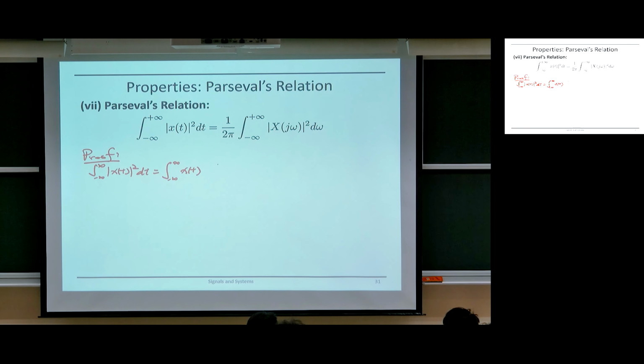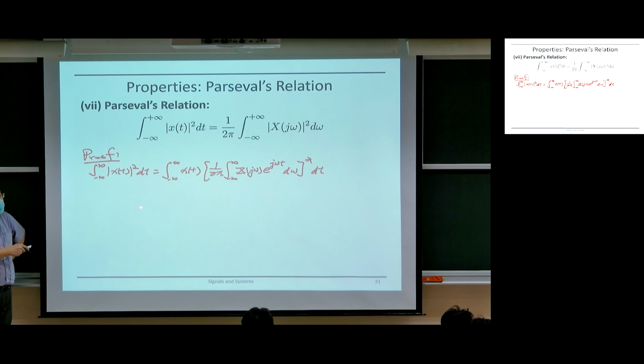But instead of writing x of t directly, let me write it as 1 over 2 pi x j omega e to the j omega t d omega, complex conjugate. So x of t absolute squared, you can write as x of t times the complex conjugate of x of t. Now, instead of writing x of t directly, I'm replacing x of t with its inverse Fourier transform formula.